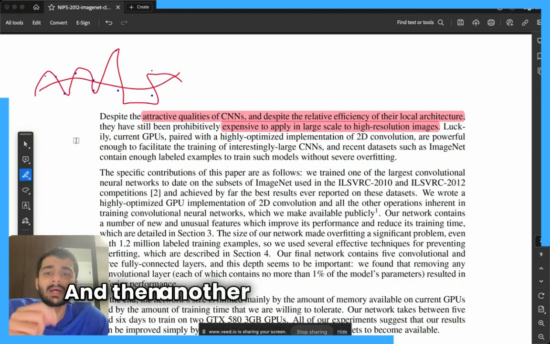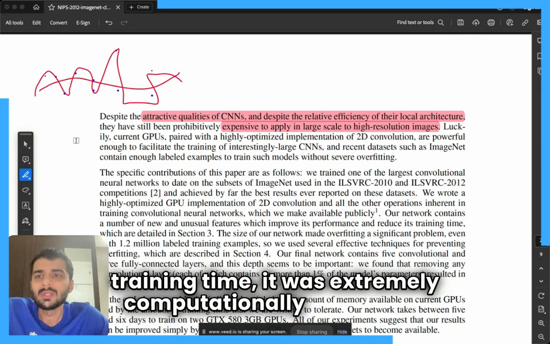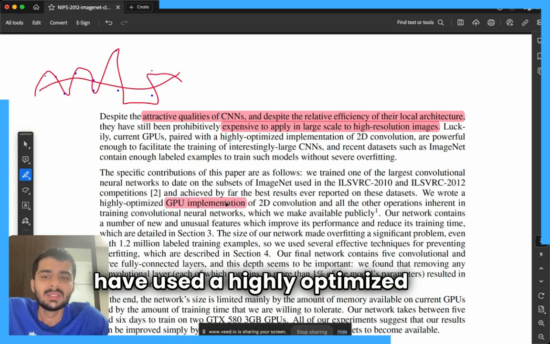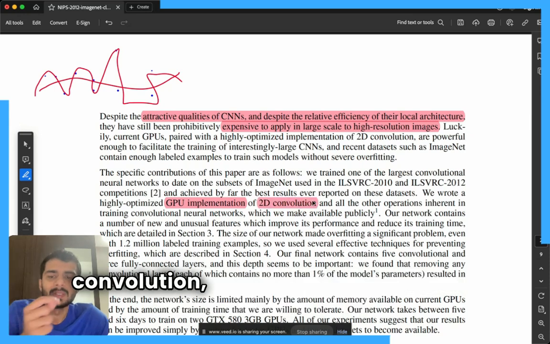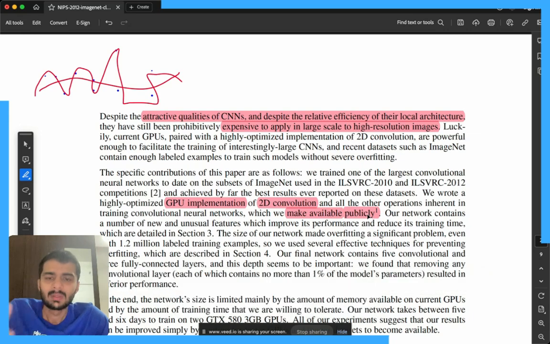And then another problem was the training time, it was extremely computationally expensive. They were actually the first ones, I believe, who used a highly optimized GPU implementation of 2D convolution, and they made this available publicly.